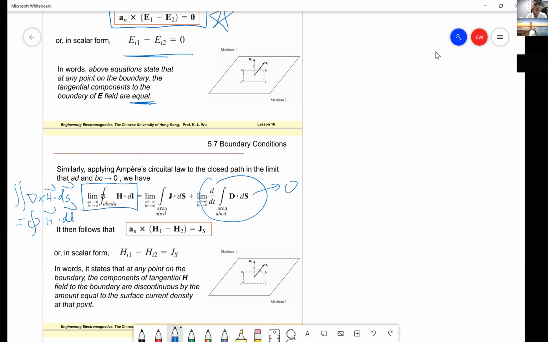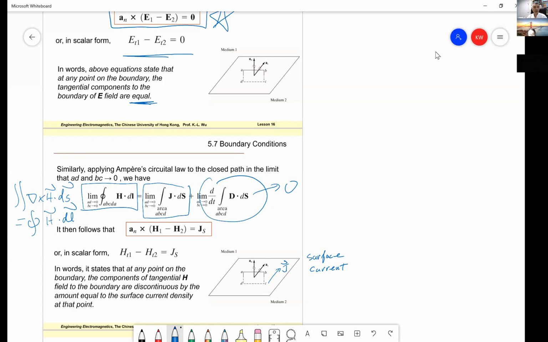And we have another term which deals with current. This current is a surface current. The surface current exists in two different senses.